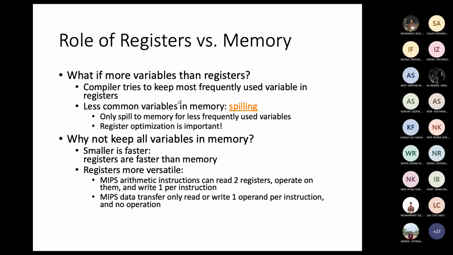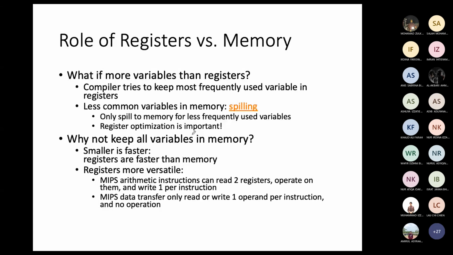To avoid spilling, only spill to memory the less frequently used variables. The less common variables that are not used, we can store in memory. So register optimization is important. The one that is most frequently used, we keep using it like a constant.